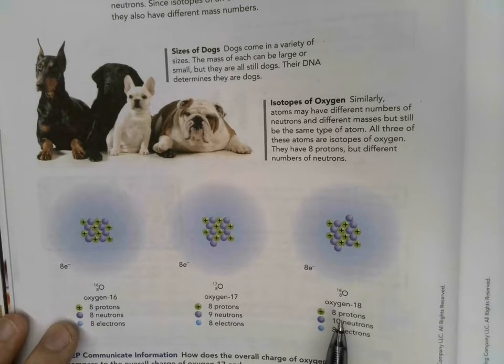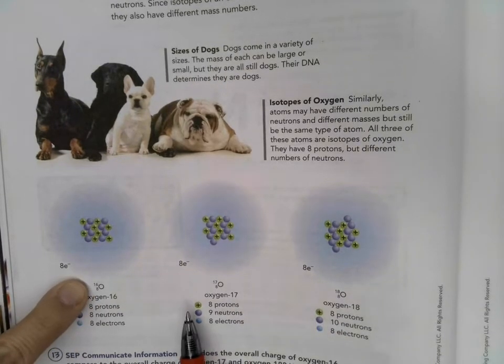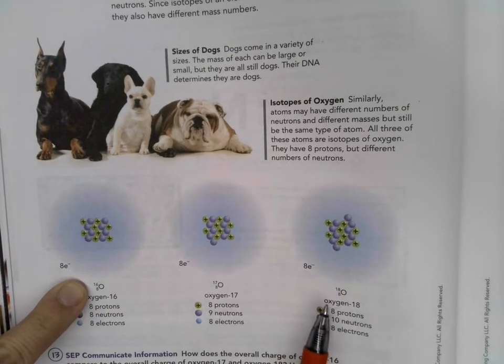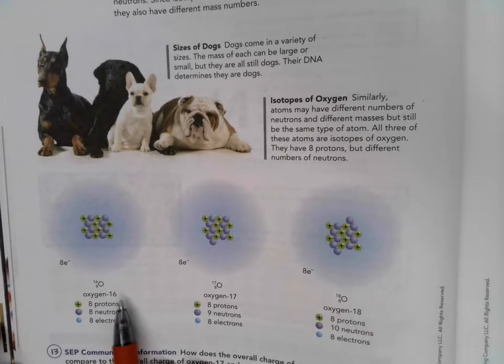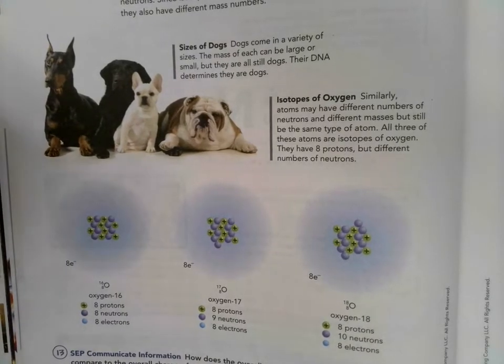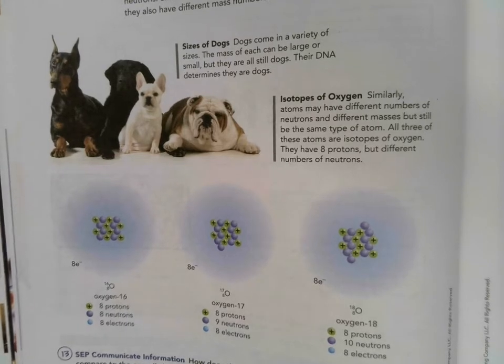It doesn't just exist as 16 and 8, right? It can actually gain neutrons and become a little bit bigger, a little bit heavier. Now, what determines what an oxygen is its atomic number, the number of protons.